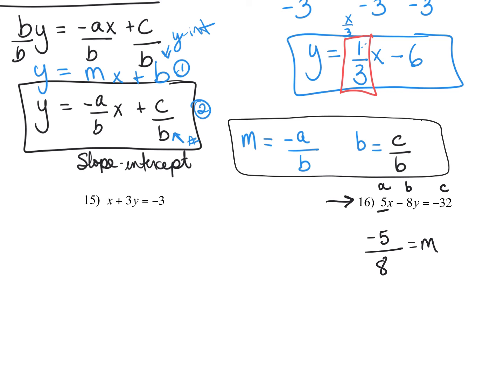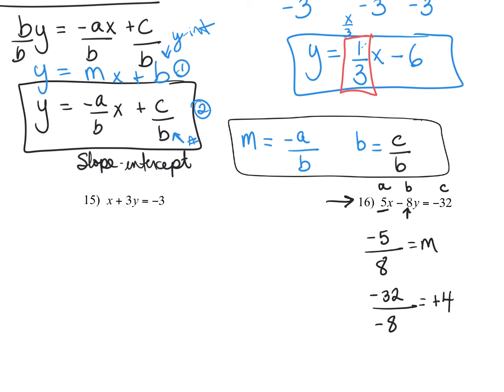And my y-intercept is going to be my constant c at negative 32 divided by the constant in front of y, which is negative 8, and negative divided by negative is a positive, and 32 divided by 8 is 4.